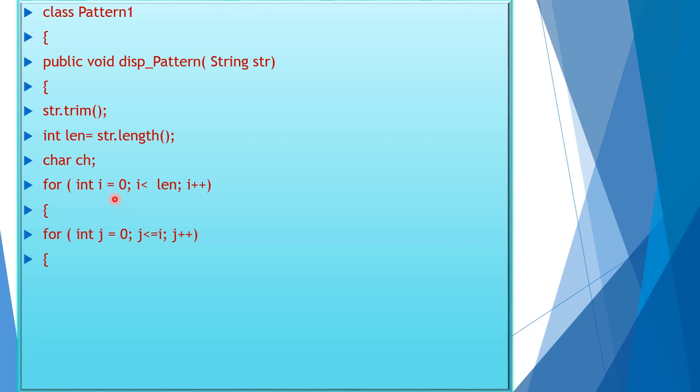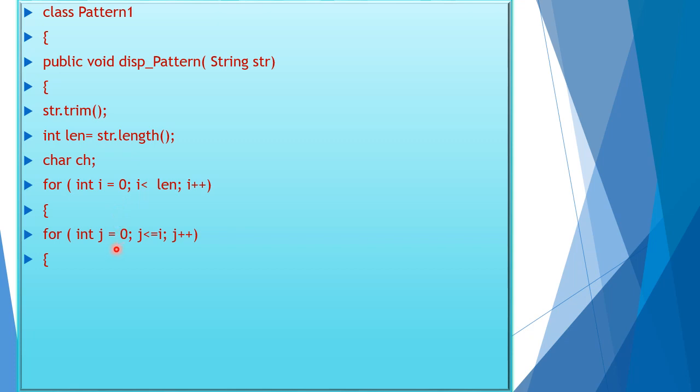That means the outer loop will be executed 6 times from 0 to 5. i takes the values 0, 1, 2, 3, 4 and 5. 6 times it will be executed. And for each iteration of the outer loop, the inner loop will be executed as many times as mentioned here.